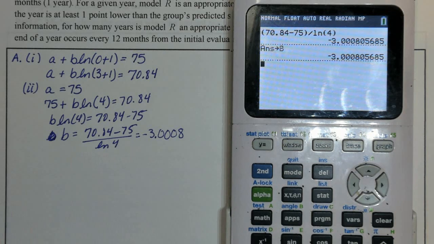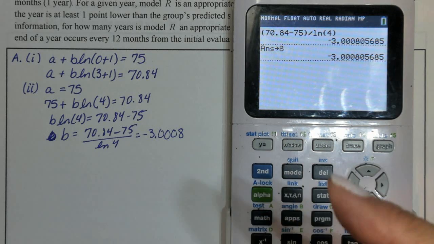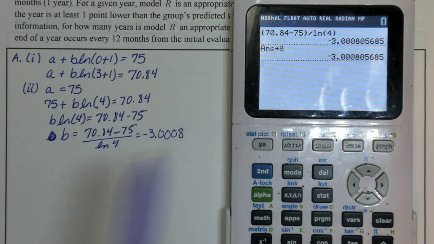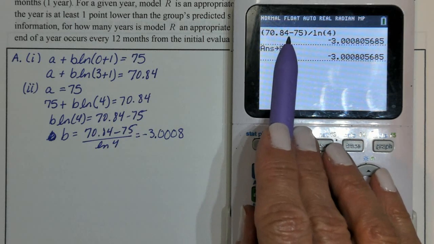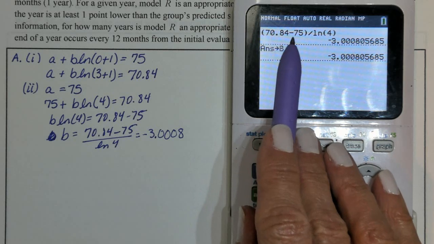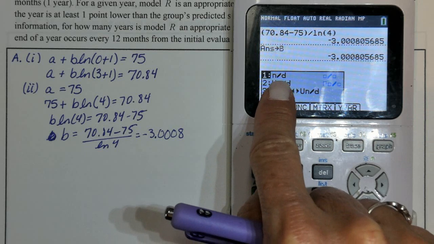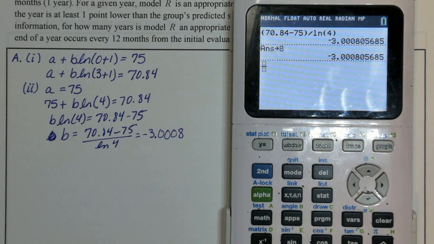And now anytime I use B, my calculator knows B is -3.000805685, and probably some more decimals beyond this that are not being displayed. Okay? By the way, instead of doing it with parentheses around the 70.84 minus 75, we could have gotten the fraction template. It's under F1, fraction template, and done it like that.